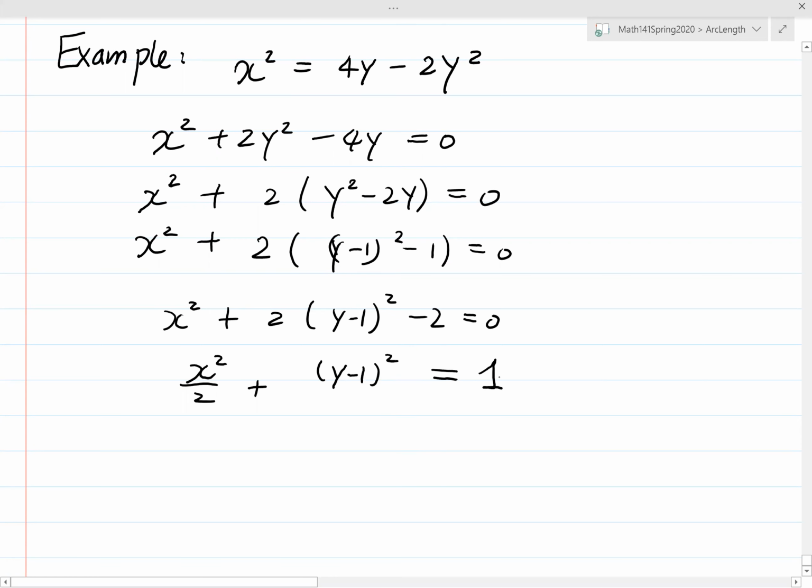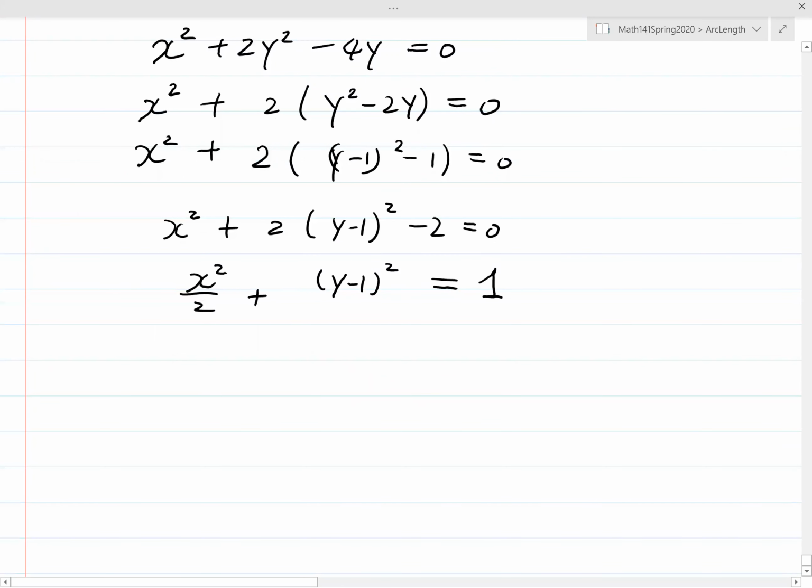Okay, so you see this is of the type x squared over a squared plus y squared over b squared equals 1. In this case, we get an ellipse.